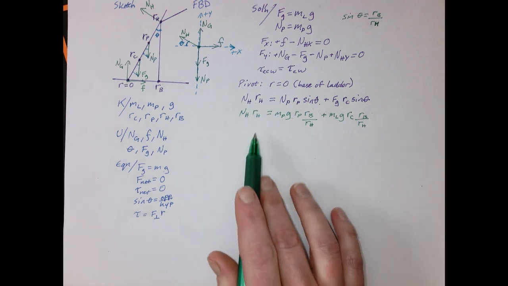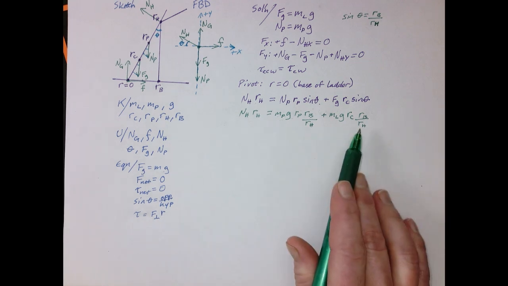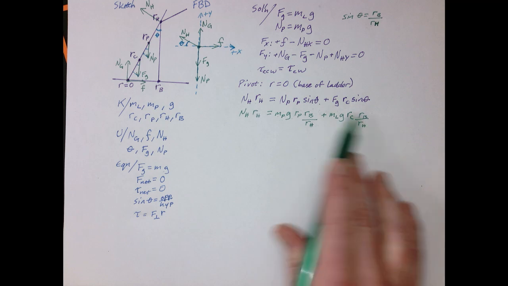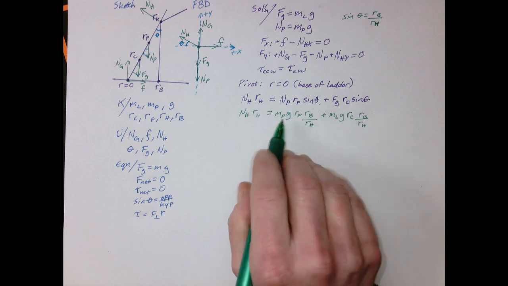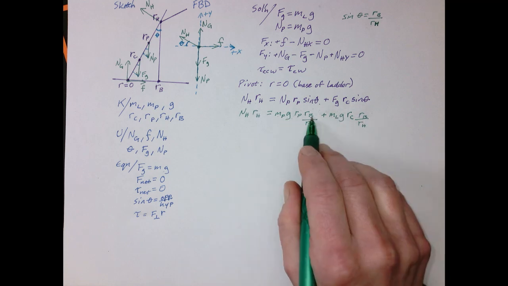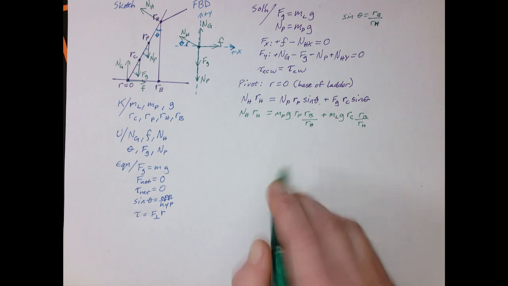Now we can simplify this expression by factoring out quantities that appear in both terms on this side of the equation, such as g, r sub b, and r sub h.